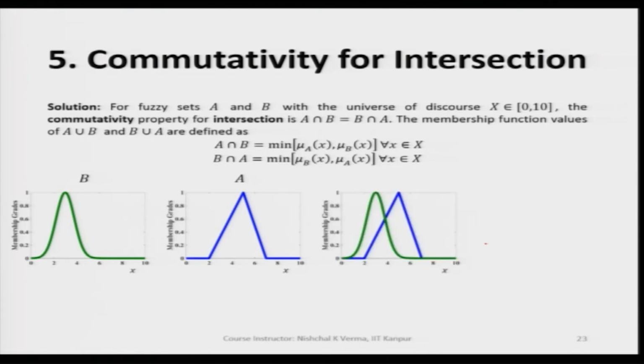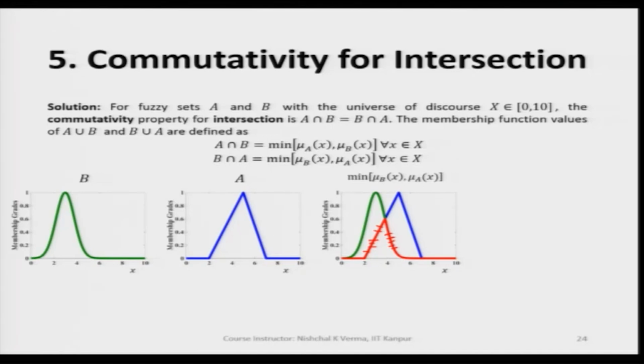Here also we have B fuzzy set and then A fuzzy set, and then when we apply the condition for intersection, we again get the same portion of the fuzzy sets.